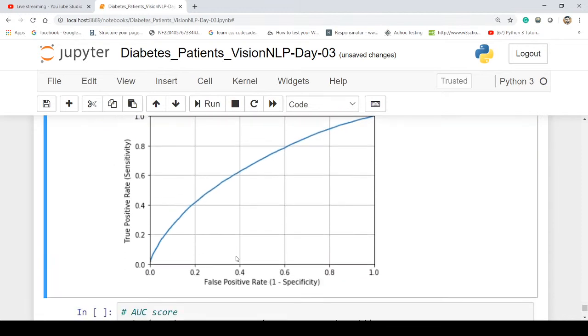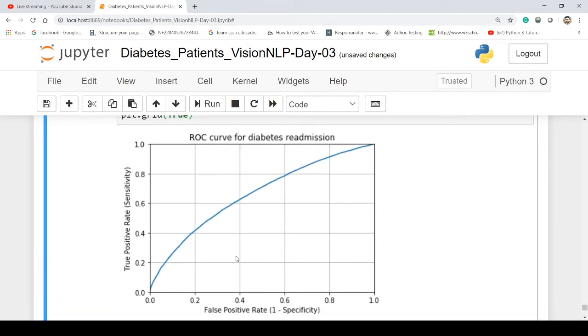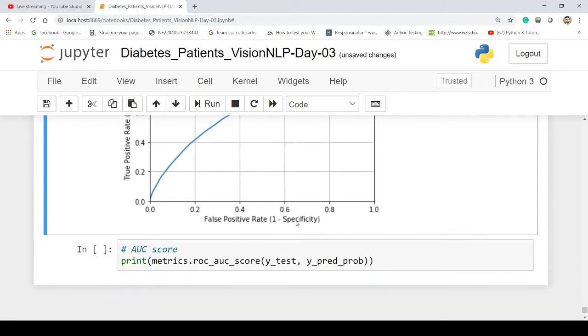Yeah, so you can see I have built my model and the ROC curve as well, but it is quite away from one. And this is the area under the curve. If the ROC curve is going towards the top left, then I would say my model is perfectly fine. But still, it's decent enough.